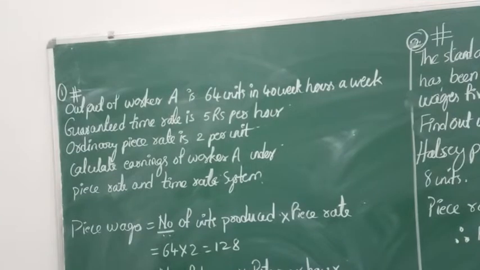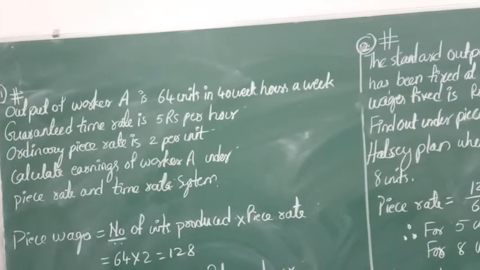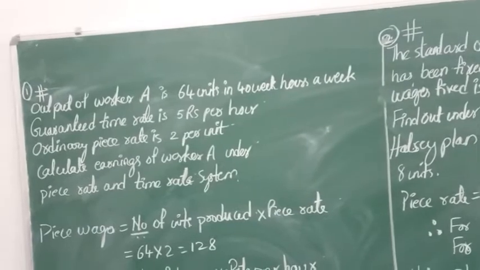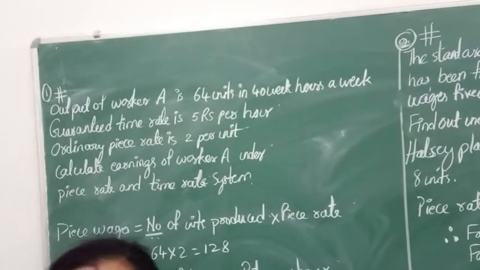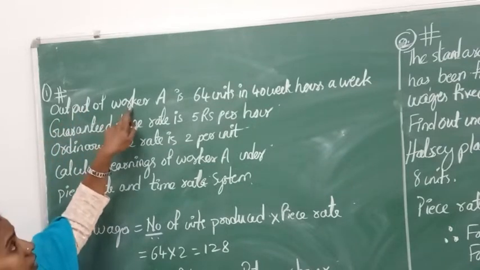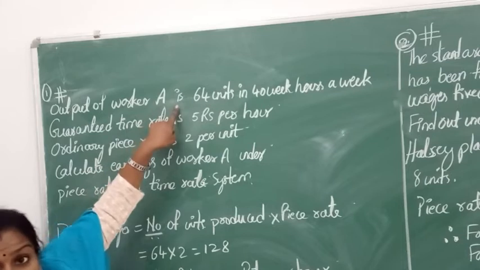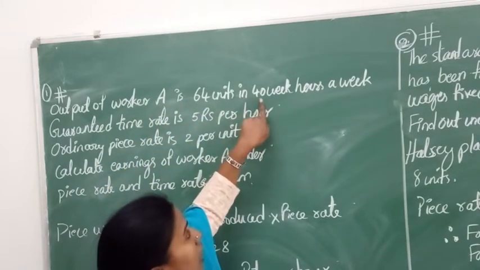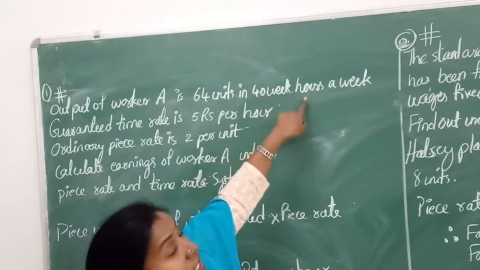So problem number 1 I wrote on the board, you can see very clearly. The first question he gave is: output of a worker A is how many units? 64 units in how many hours? 40 hours a week.